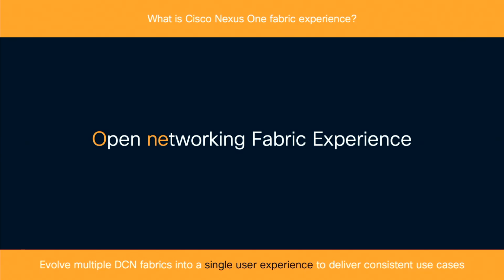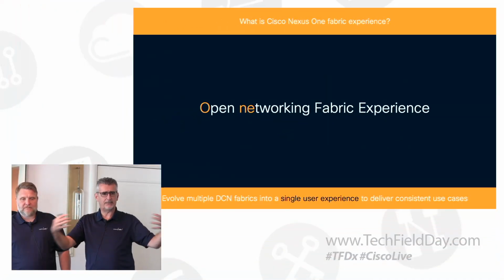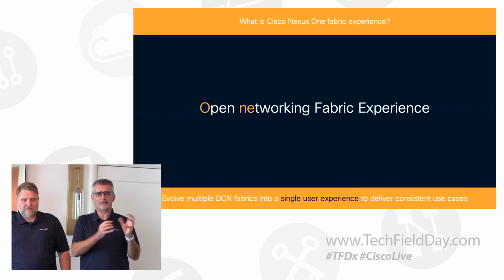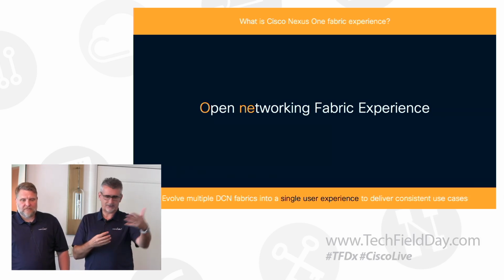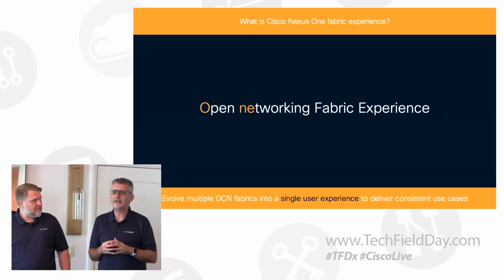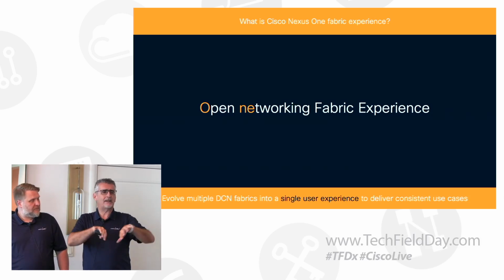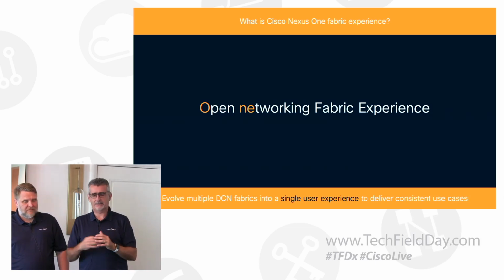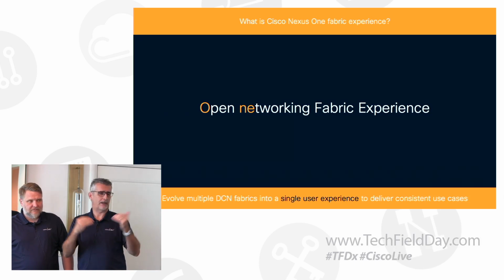So the idea is, I have an ACI fabric, I have a VXLAN EVPN fabric, I want to interconnect them, and I want to extend layer 2 and layer 3 connectivity between them. I don't need to worry that there are two different flavors that may work slightly differently inside the fabric, even if, as you know, VXLAN is what we use in both flavors to build the overlay. There are some differences, but they are hidden by the One Fabric experience.